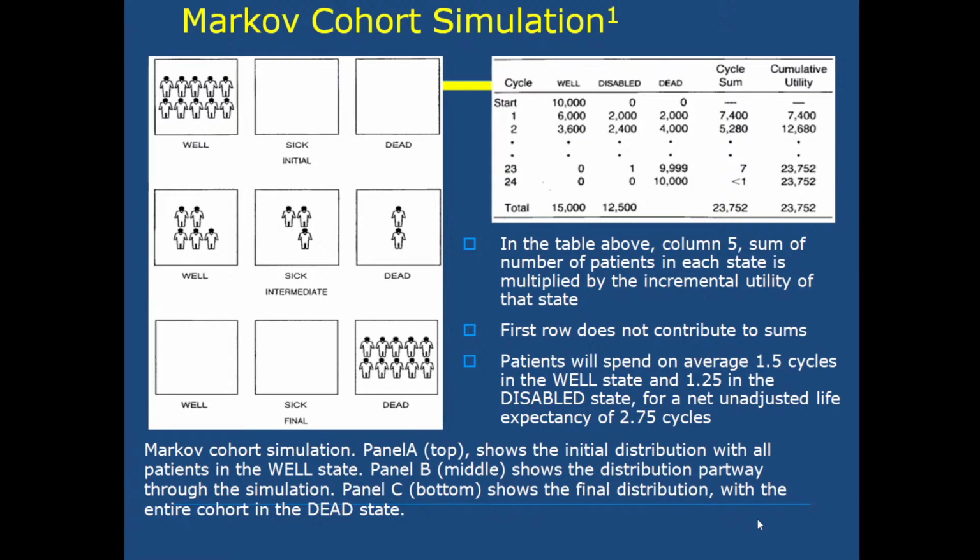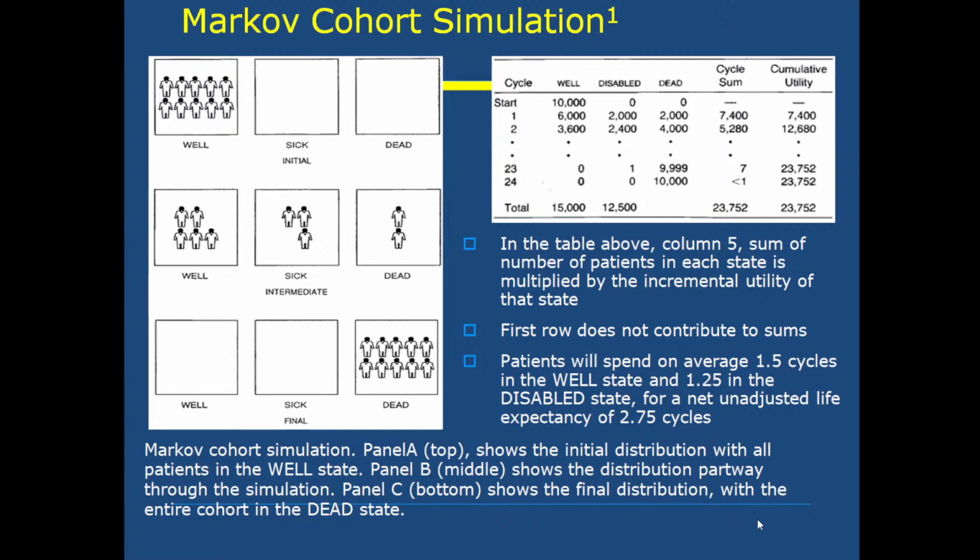The first row does not contribute to sums. Patients will spend on average 1.5 cycles in the well state and 1.25 in the disabled state, for a net unadjusted life expectancy of 2.75 cycles.